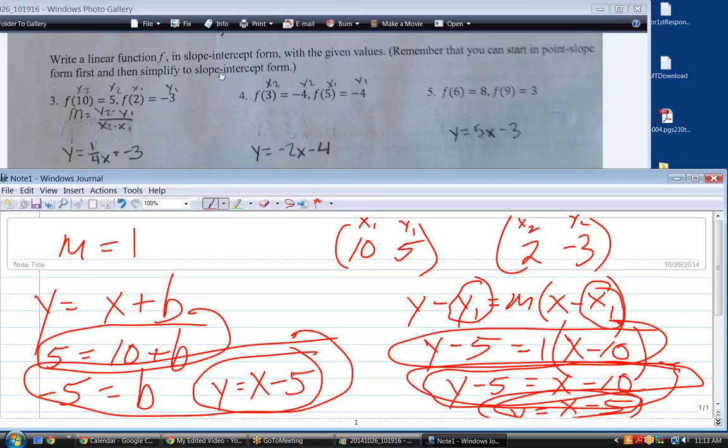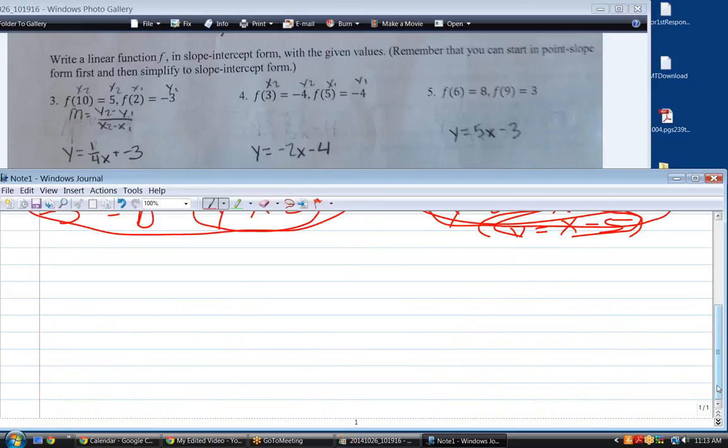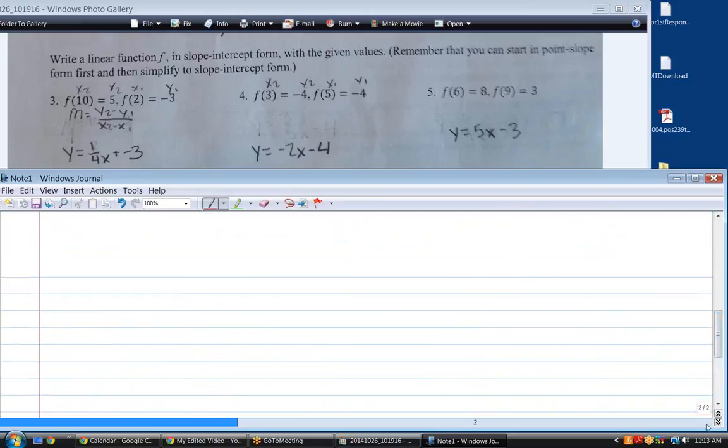Since they want this in slope-intercept, probably better to do this way. It's only 2 steps. So let's choose this technique for the rest of the problems.